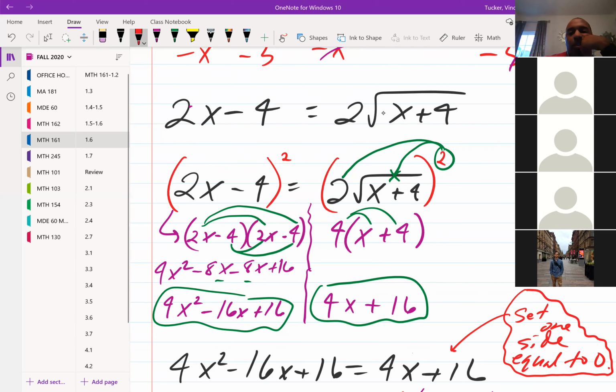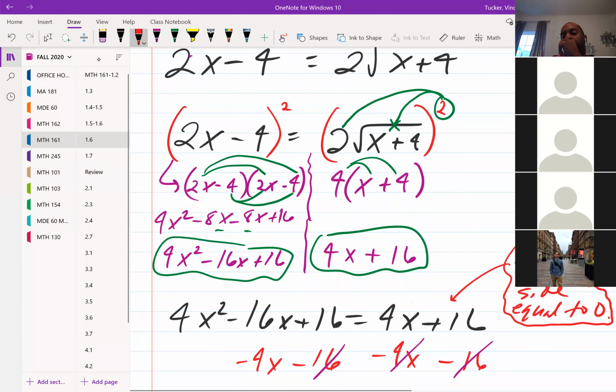All right, questions before we go to the next step? Make sure we're okay. All right, so we want to set one side equal to 0.